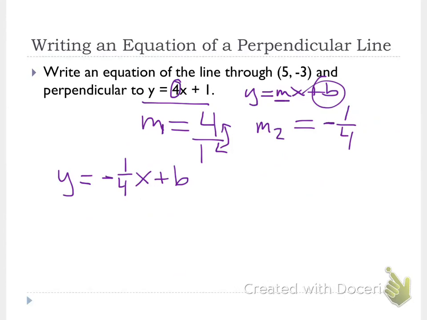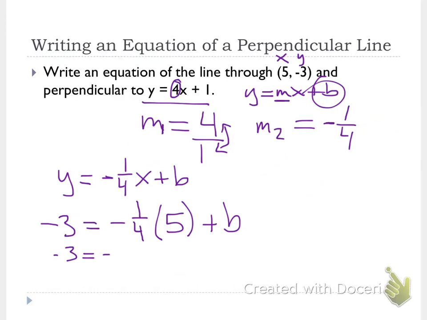We have an x and a y, so we can find that b, because this is our x and this is our y. So we just plug them in. So negative 3 equals negative 1/4 times 5 plus b. So we have negative 3 equals negative 5 over 4 plus b.